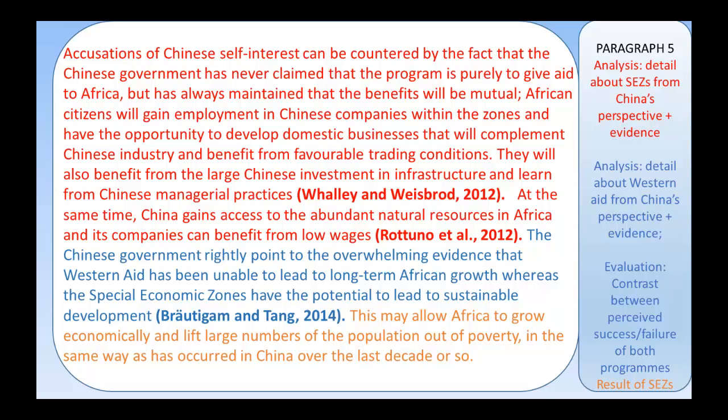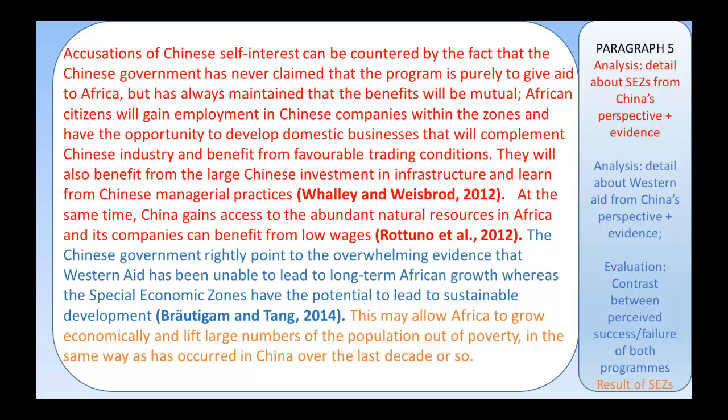Contrasting is very, very common in critical writing. So the writer agrees that the Western aid programme has been unable to lead to long-term African growth, and agrees that the Chinese government is right in saying that the Special Economic Zones programme can lead to development.